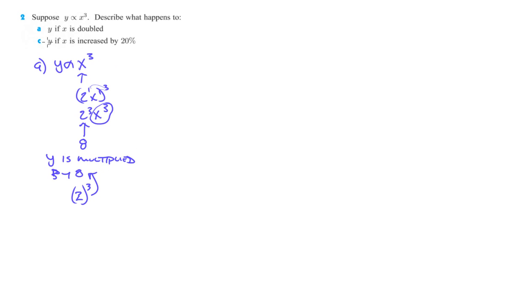Okay, what happens to y? This is C here. What happens to y if x is increased by 20%? So now we have y varies directly as x cubed. So this is going to increase by 20%.